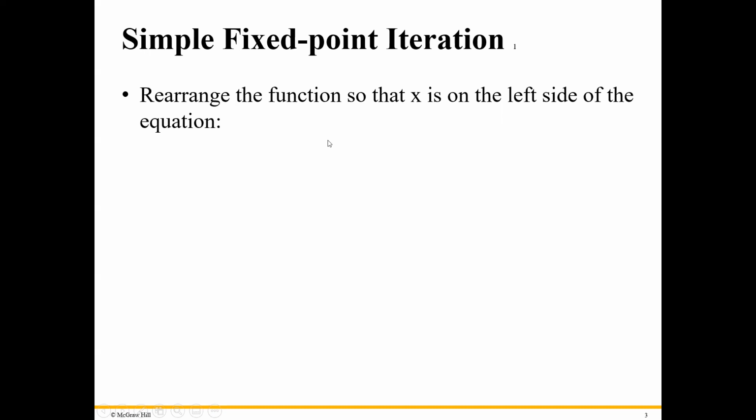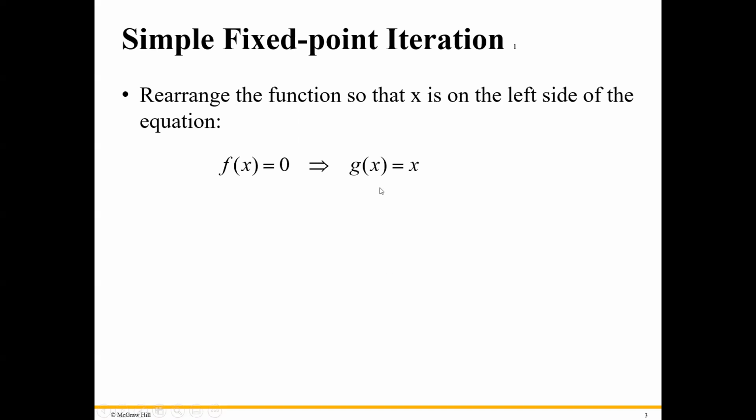Okay, so we have the equation f(x) is equal to 0, and if this equation has several x terms, we rearrange this equation in a way that on one side we have only a term x, and remember that x is the term which we want to know, that is the root.